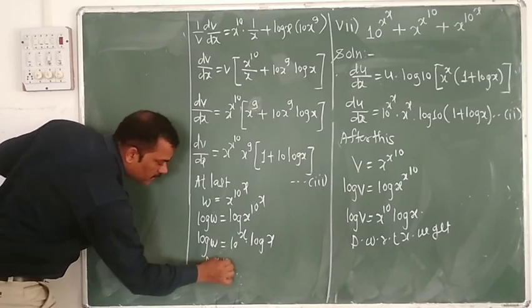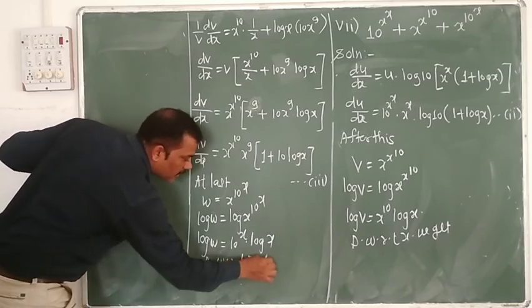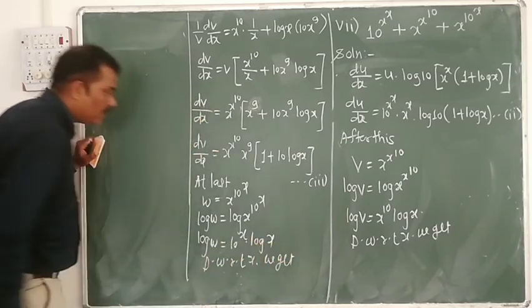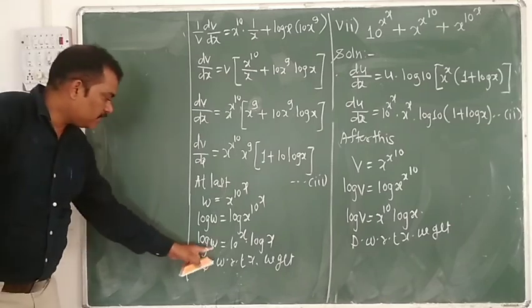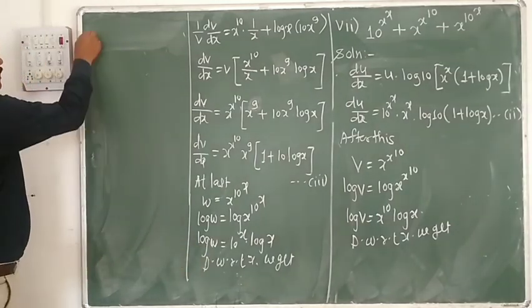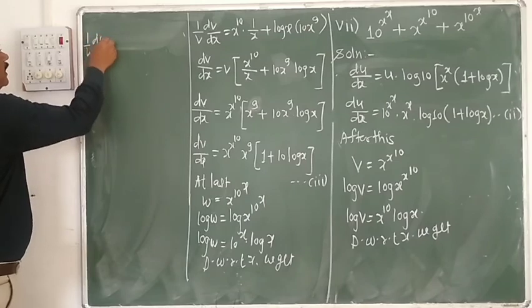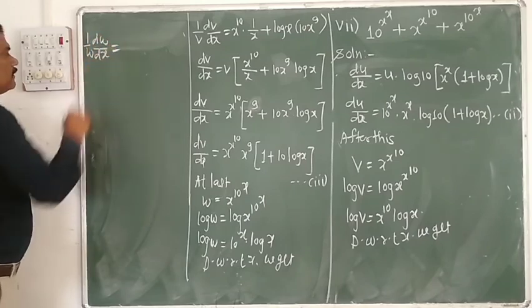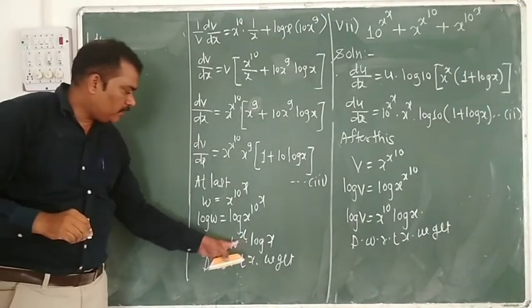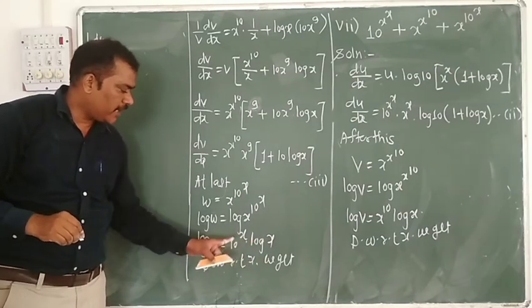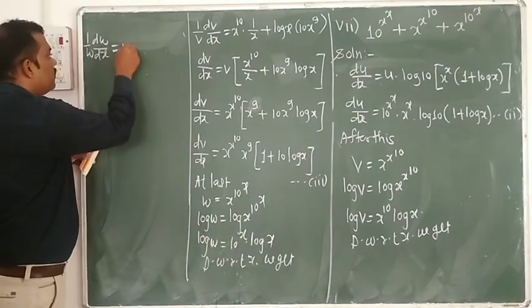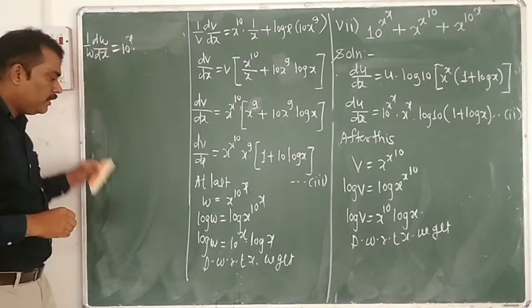Differentiate with respect to x. What is the differentiation of log of w? That is nothing but 1 upon w into dw by dx. Here again we have to use the product rule on 10 raised to x into log x. First function as it is, 10 raised to x, into derivative of log x.